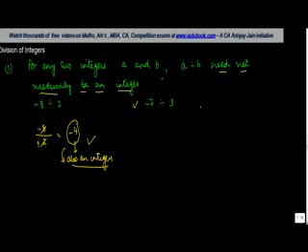Let's take the second example. When you divide minus 7 by 3, what do you get? When you divide 7 by 3, 3 times 2 gives you 6, remainder 1. Because 1 is less than 3, to divide further we need to put a decimal point here, which will give us 10 here. 3 times 3 is 9, remainder 1, and so on.